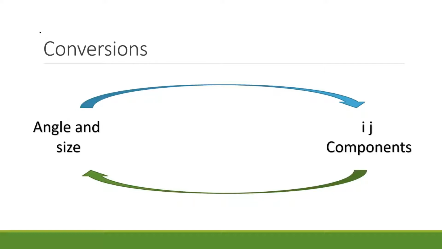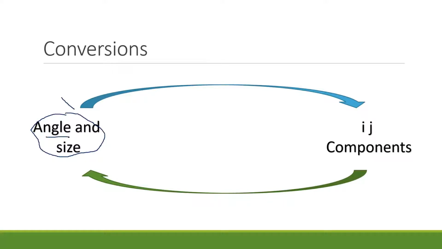What we're going to do is look at the two ways that we can talk about vectors and how we can go from one way of talking about vectors to a different way. I said all vectors are a size and a direction. That's what this is here: a size and an angle, which might be the direction.